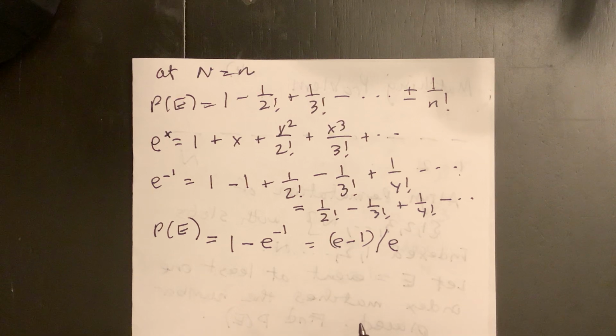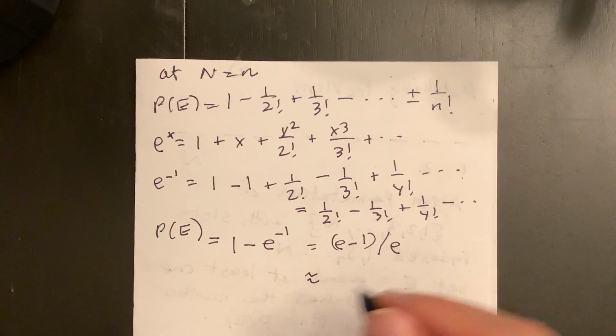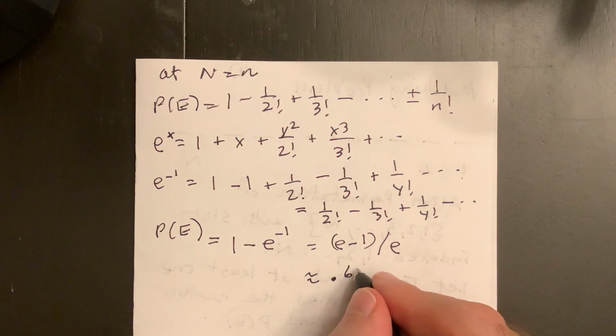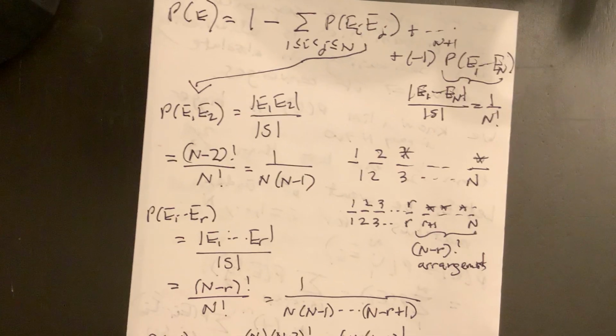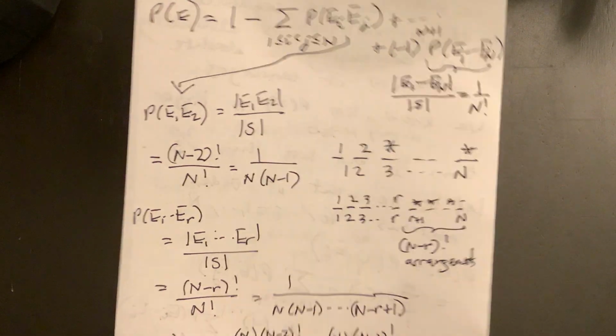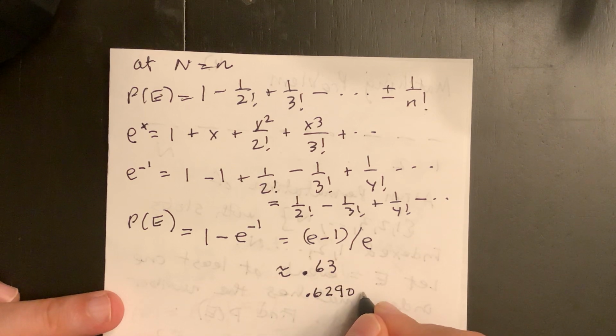I think this is 0.37 to the nearest approximation. I had done it in the lecture. This is approximately equal to 0.63. Okay, maybe 0.62 something. Yeah, 0.625. I think it's actually maybe 0.6290, something like that.